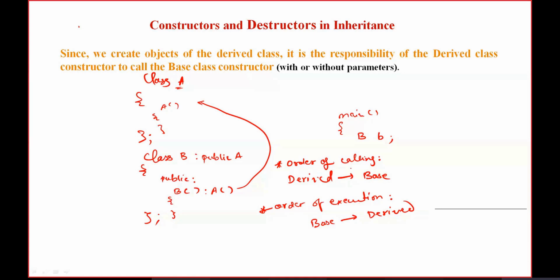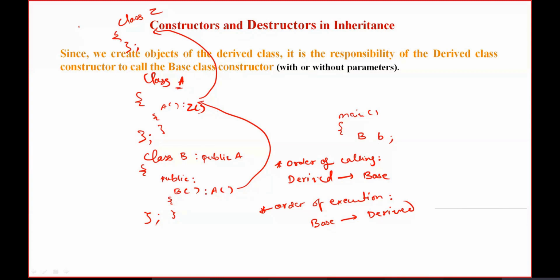Order of calling means which is the first constructor which is getting called. So obviously, if the object is being created for my derived class, then the constructor of the derived class is called first. That constructor will call the constructor of its parent class. Now, if class A also had some class Z as its parent, then class A's constructor would have first called class Z's constructor, right?